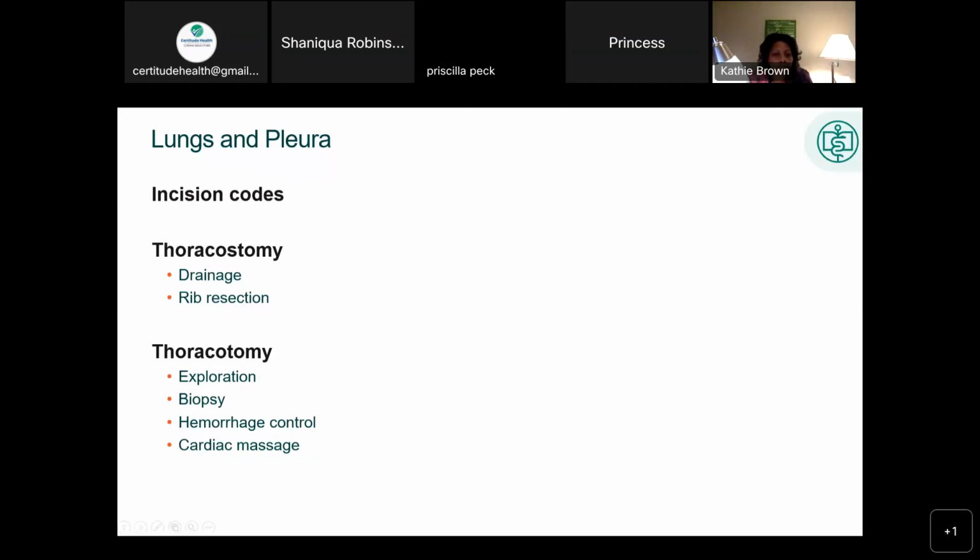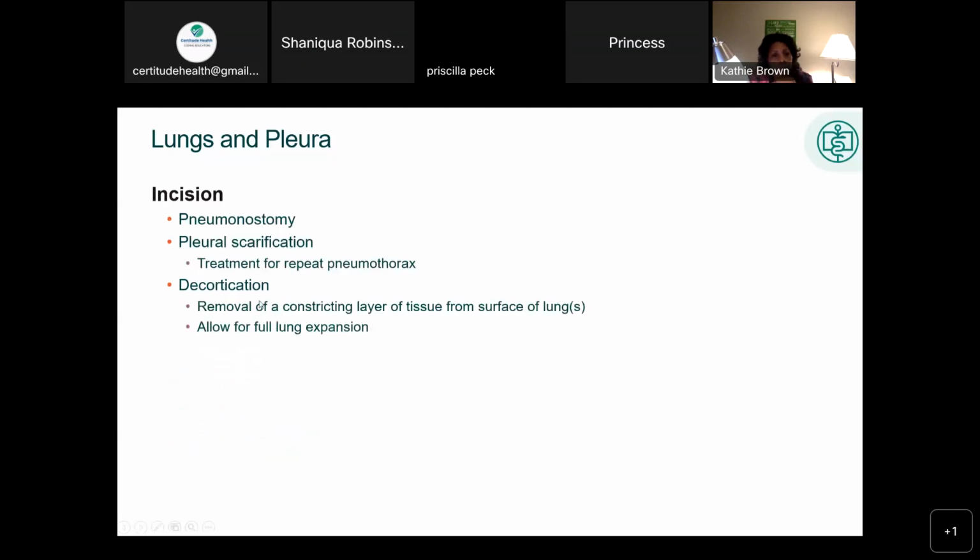So they're exploring, poking around, trying to see what they can see until they identify maybe the source of blood loss, or so that they can control blood, or if they need to physically touch the heart for massage. I know the suffixes are very similar, but the definitions of them are different. So, that's them opening the chest.